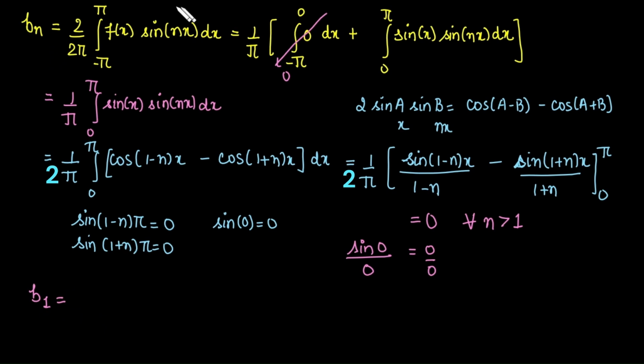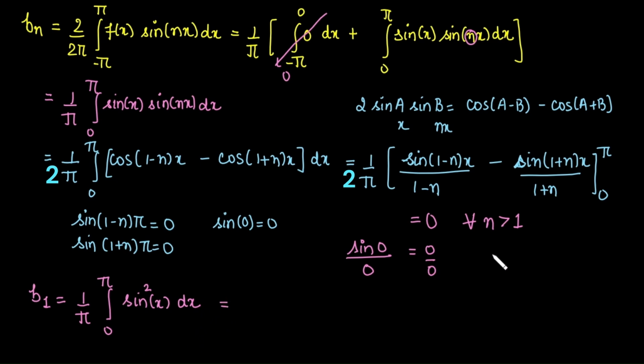So how to calculate b1 from here? You can write this as b1 equal to 1 upon pi, integral 0 to pi of sine x, put n equal to 1, that is again sine x, so we are getting sine square x, integrate with respect to x. In order to integrate this one, we need to convert this into the form of cos 2x.